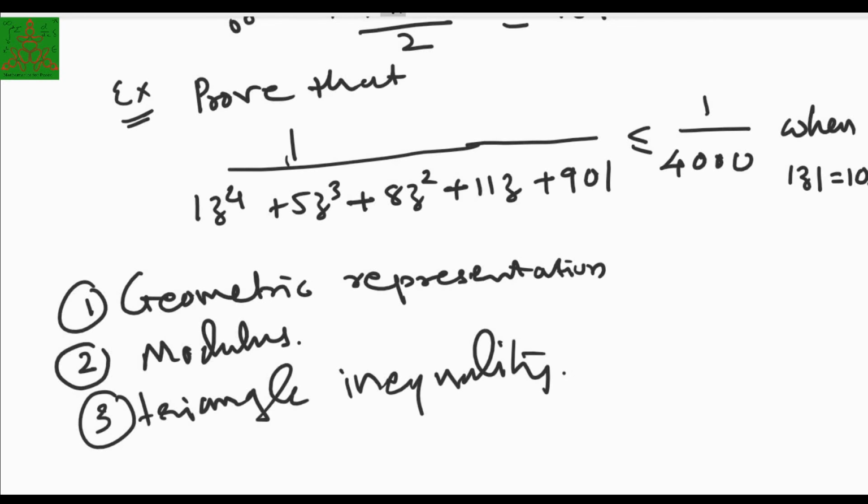I will give you some more proofs in my next video. Here we have seen one geometrical proof and an algebraic proof of the triangle inequality, and some examples based on the triangle inequality to find the lower bound and upper bound of some given quantities. So that's it for this video.